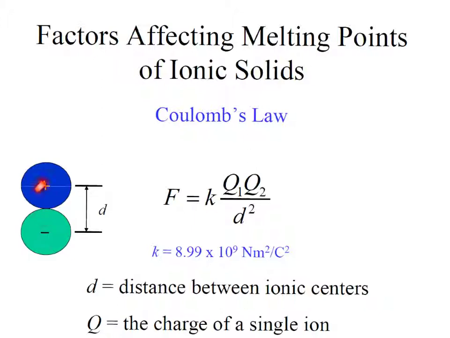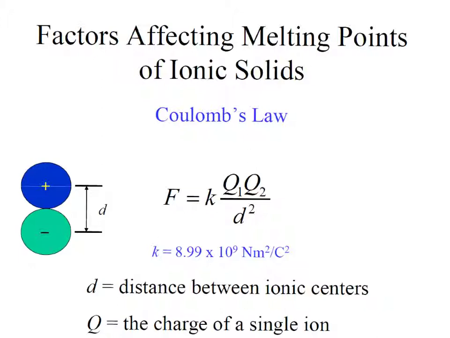If they're farther apart, that means less force holding them together, so it's easy to separate them into their individual parts. But as the quantity of the charge increases, the force will increase. And if the force increases, that means the melting point will increase. It'll take more force to pull them apart into their gaseous ions.